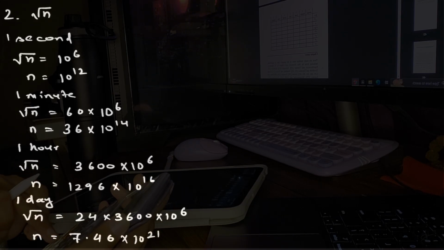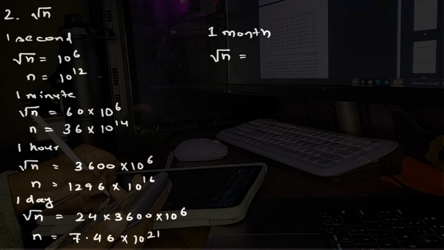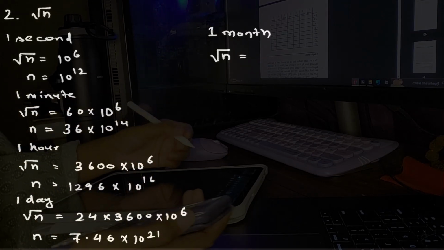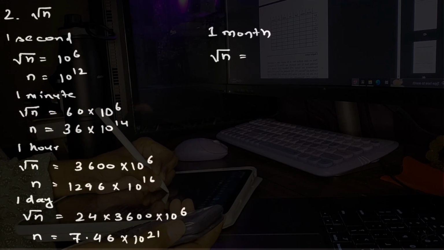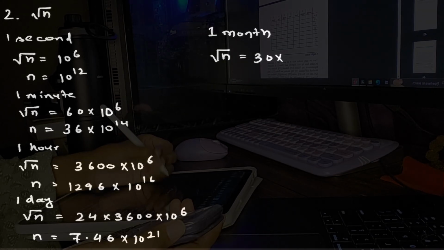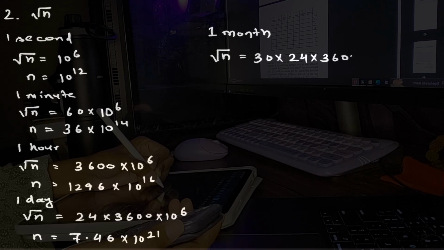Now for 1 month, I will take 30 days for now, like we had taken in the last one. 24, 3600, 10 to the power of 6.